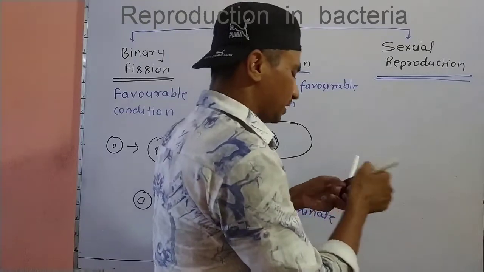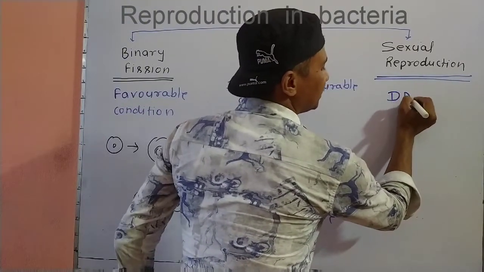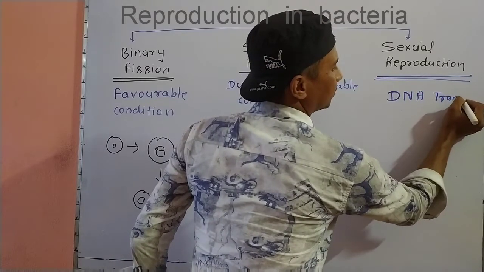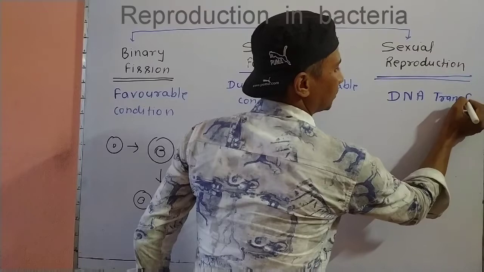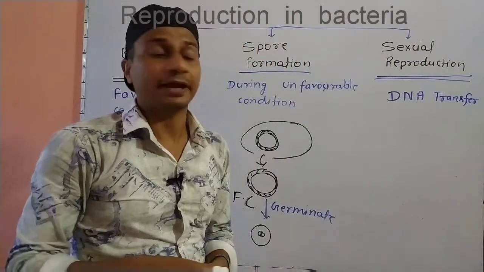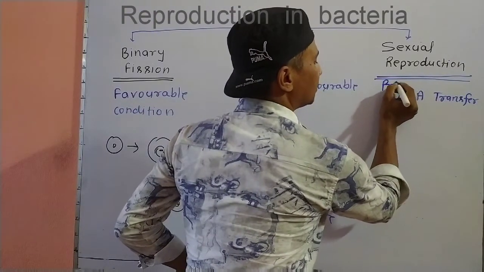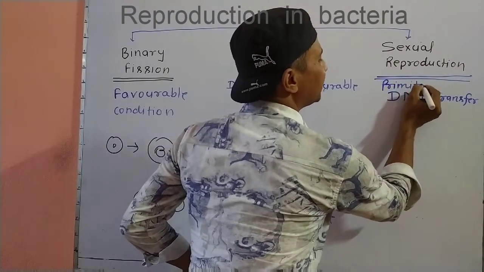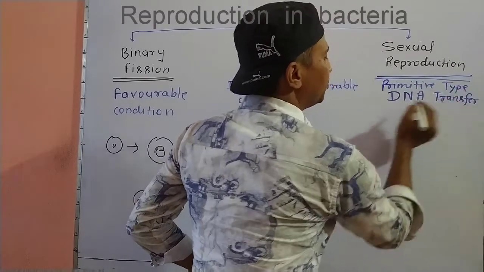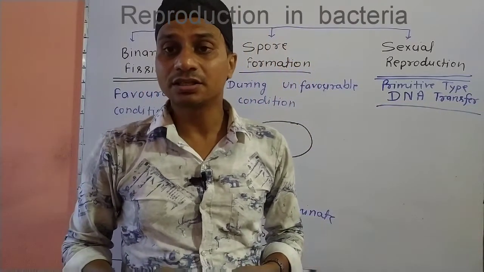I mean this is only DNA transfer, and this transfer is primitive type, old type. How does this DNA transfer occur?